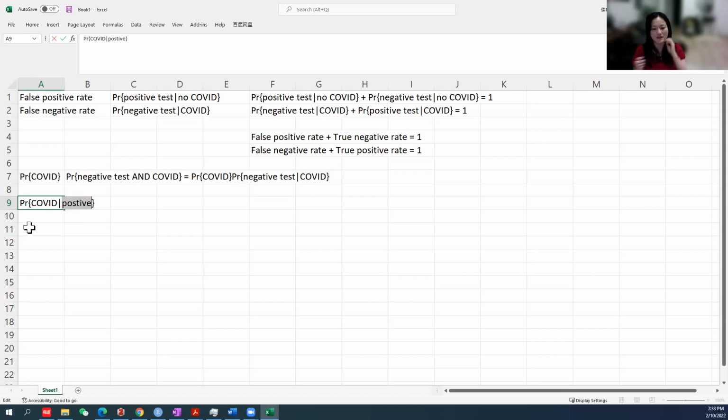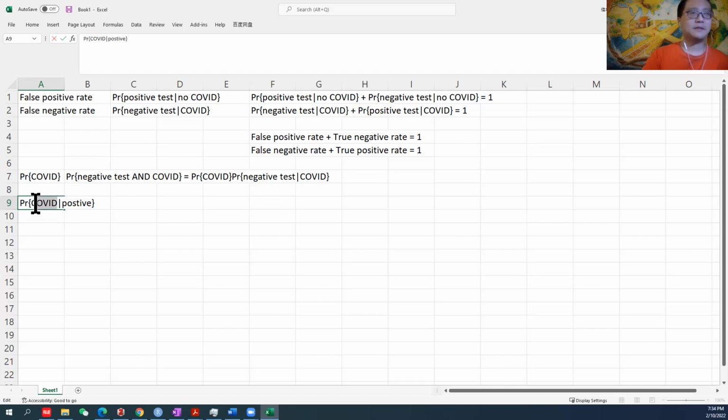Now we're using Bayes' theorem. Here, I'm just using some mathematical symbols, but I think it helps us understand what these probabilities actually mean. Here, the question directly asks for the probability conditional on a person getting a positive result. This part behind the vertical bar is what's being conditioned.